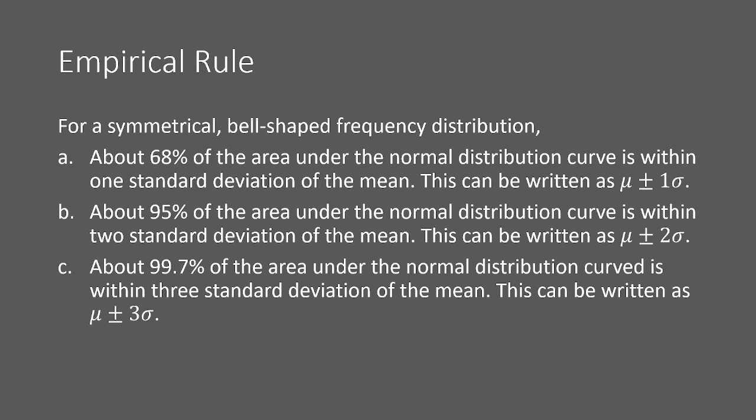And we have here about 95% of the area under the normal distribution curve is within two standard deviations from the mean. That is, it can be written as mu plus or minus 2 sigma. And about 99.7% of the area under the normal distribution curve is within three standard deviations of the mean, and this can be written as mu or population mean plus or minus 3 sigma or standard deviation.